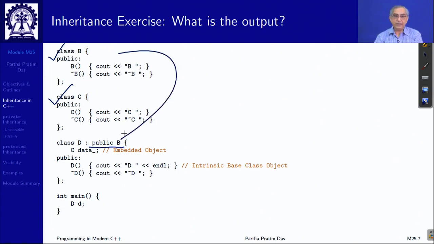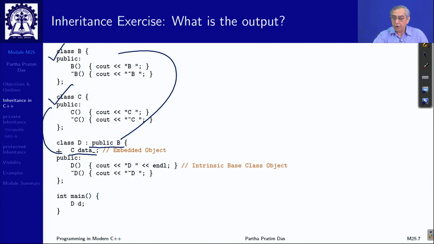So, it is a specialization and it uses an object of class C inside it. This is the entire thing in very small terms, every unique concept in one slide. So, this is where you have the possibilities of the objects in your layout, a base part and the embedded objects.